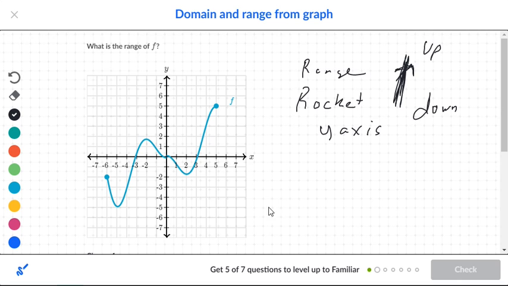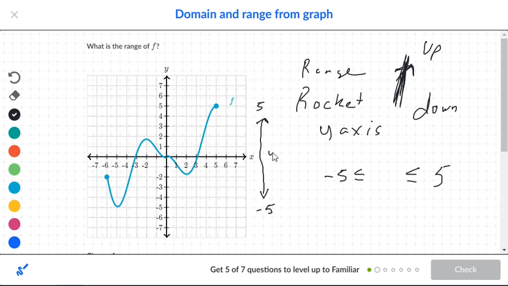So when I look at my graph here, it's as low as -5, but it's as high as 5. And this is continuous, so it's not like separate points. So we want to look for an inequality to show that. We want to start at -5 and end at 5. Notice that we have solid points there, so we want less than or equal to.